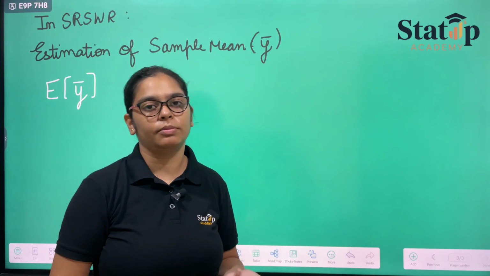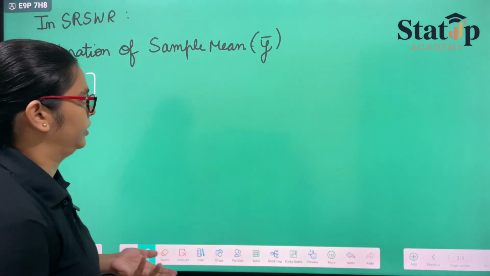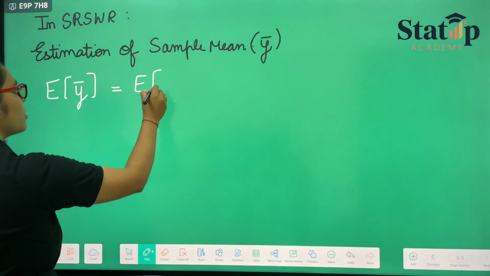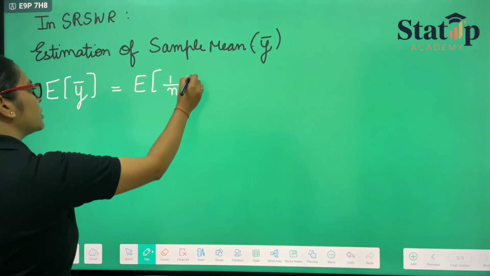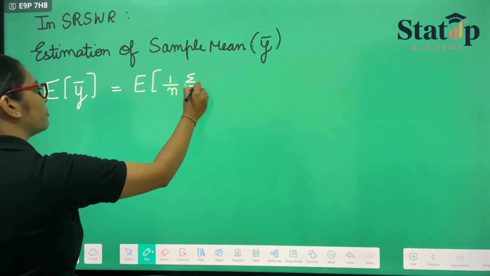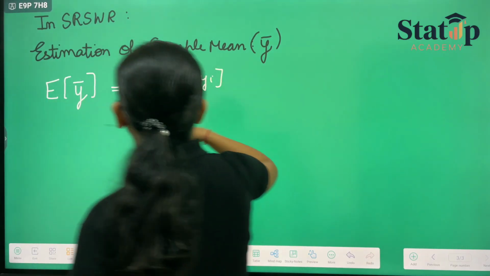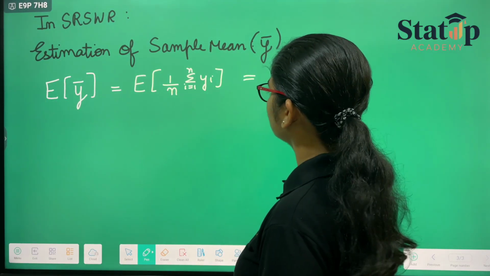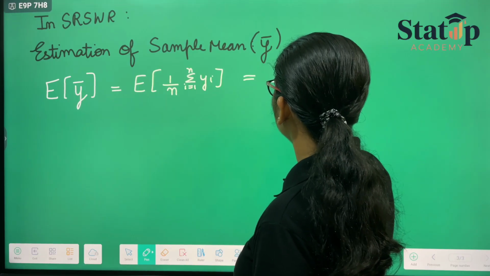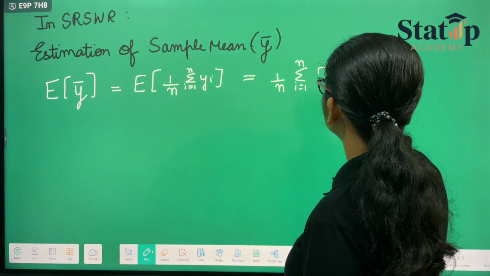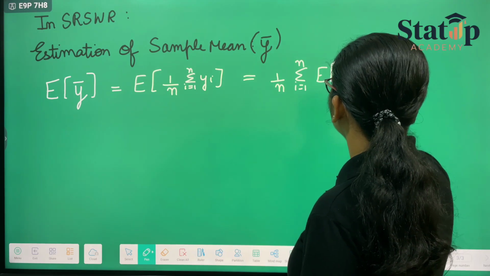So we can write it as the expectation of 1 upon n summation i goes from 1 to n, y i. Now 1 upon n and the summation can come out and the expectation goes inside. It is 1 upon n summation i goes from 1 to n, expectation of y i.